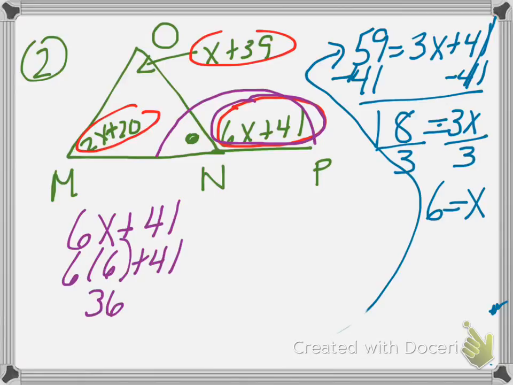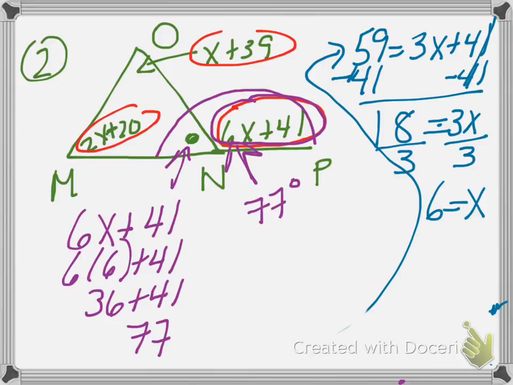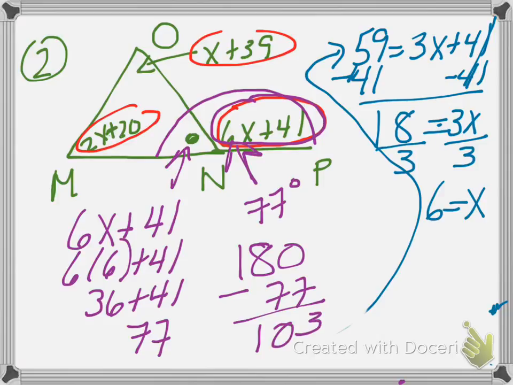That will give us 36 plus 41, and that gives us 77. So this angle out here is, sorry, my pen's not working, 77 degrees. So that means this one has to be 180 minus 77, which gives us 103 degrees, and that was choice 4.